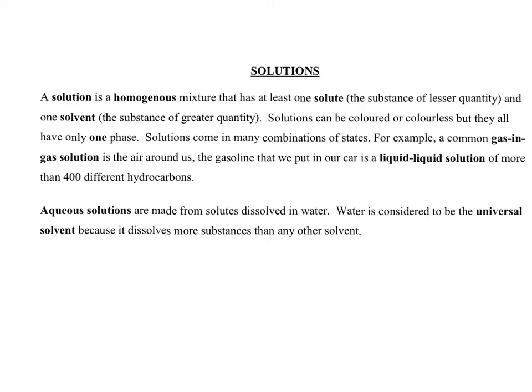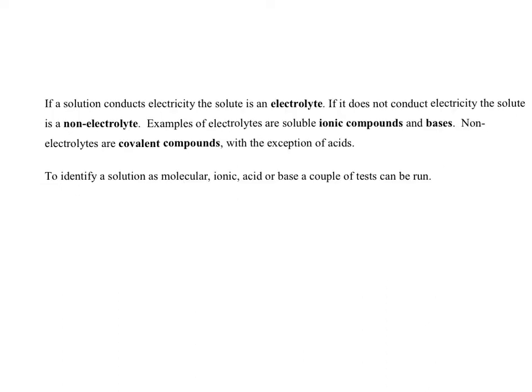Aqueous solutions are made from solutes dissolved in water. Water is considered to be the universal solvent because it dissolves more substances than any other solvent. And when we have an aqueous solution, we indicate that with the (aq) subscript. So if an aqueous solution conducts electricity, the solute is considered an electrolyte.